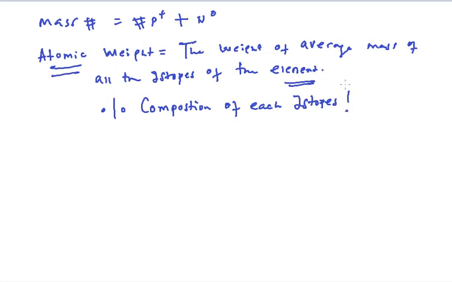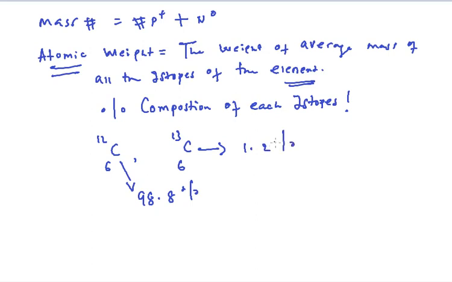Say, for example, when we are talking about carbon, let's say that carbon has two isotopes, carbon-12 and carbon-13. The percentage composition of carbon-12 would be about 98.8%, and the percentage composition of carbon-13 would be about 1.2%.